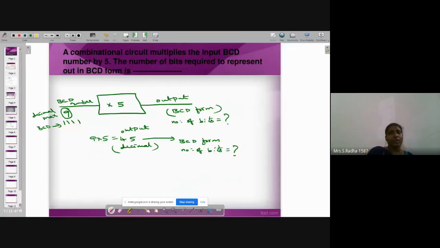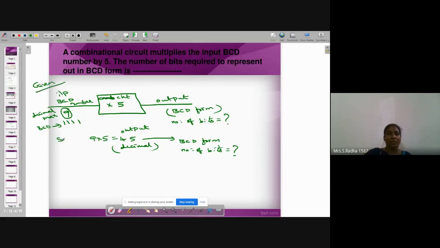This is the combinational circuit. It will take an input BCD number and just multiply it with 5, and the output should be in BCD form. How many bits are required? So these are the given details I am representing in terms of a diagram.